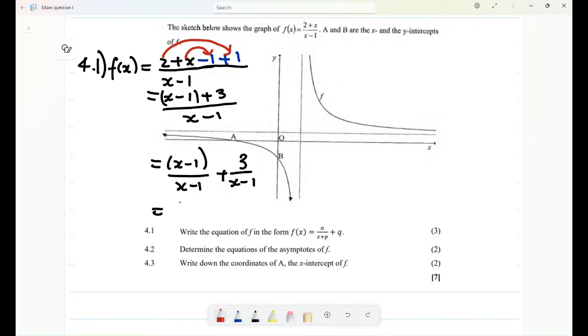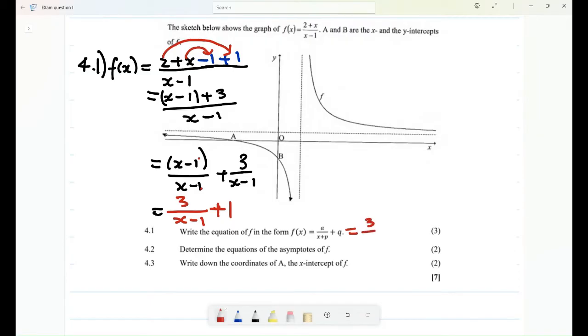This is 3 divided by (x minus 1). This is positive, we agree, so it's going to be plus. What is this divided by this? I know a divided by a is the same as 1. Any number divided by itself is 1.